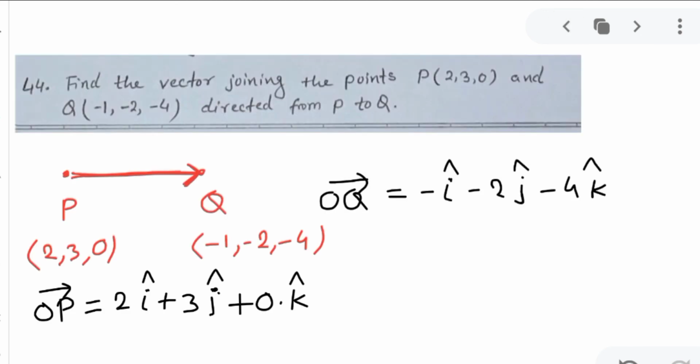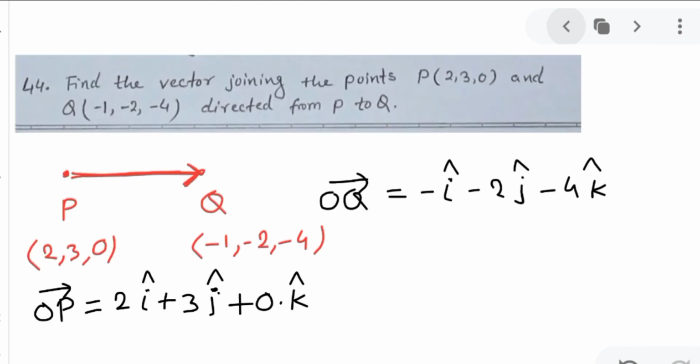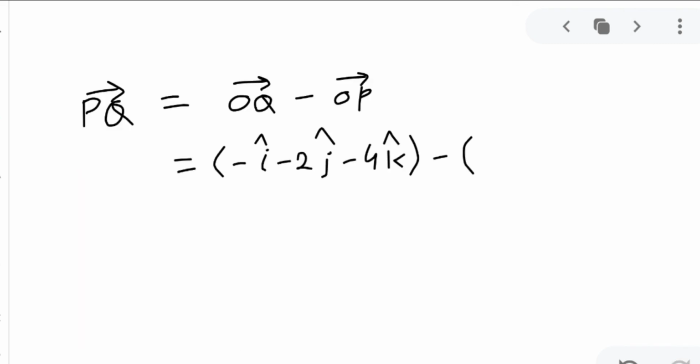OQ is minus i minus 2j minus 4k, minus OP, which is 2i plus 3j plus 0 into k.